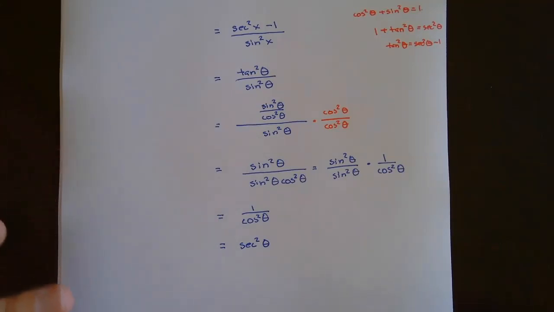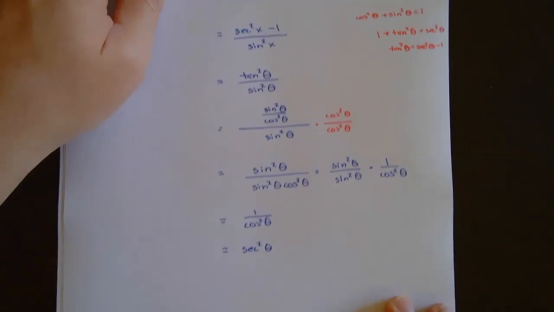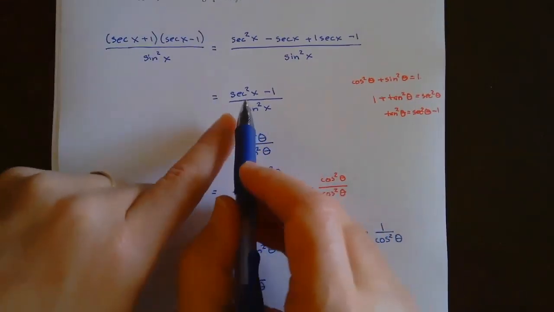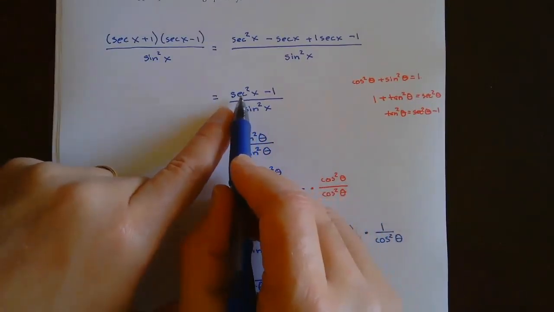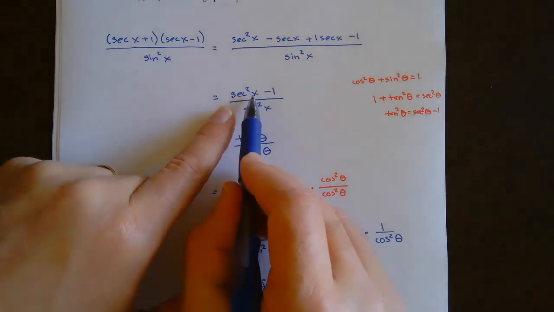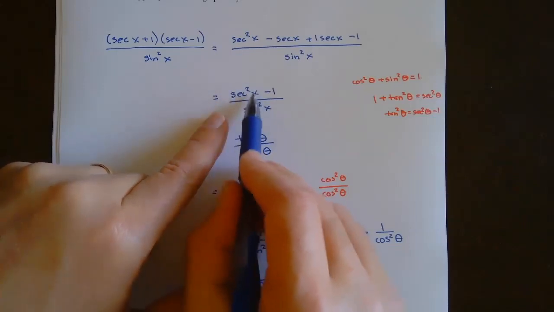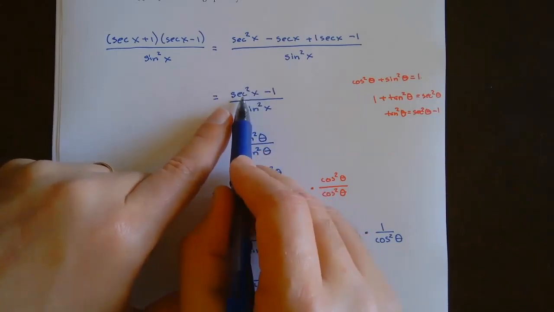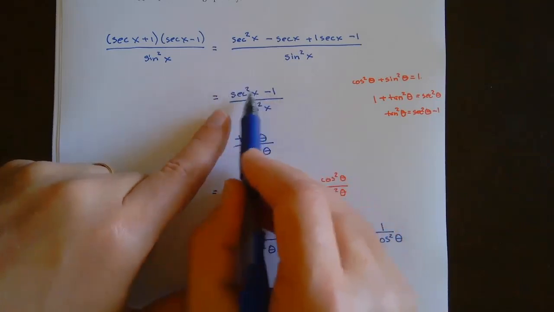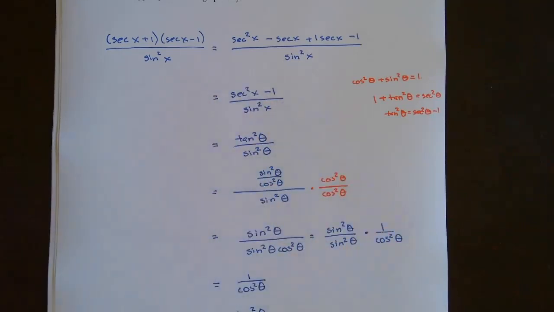Okay, now could there be other ways you did this? Yes, absolutely. Okay, so let me say this right here, we could have switched the secant squared theta to 1 over cosine squared theta. You could have done it that way, okay? And then you would have had a complex fraction that you would have had to clear out. And there's other ways.